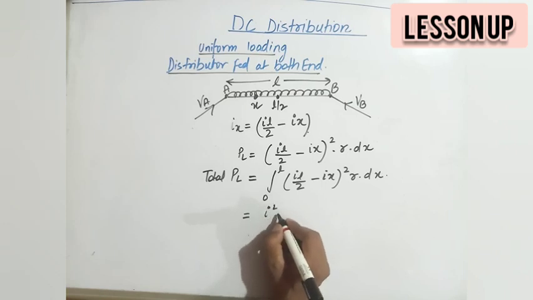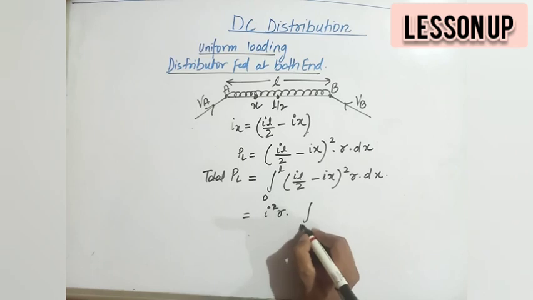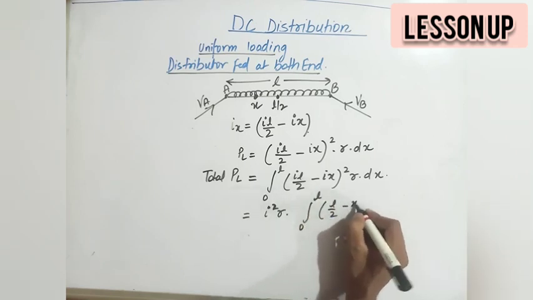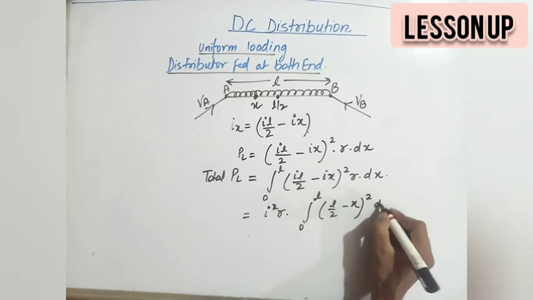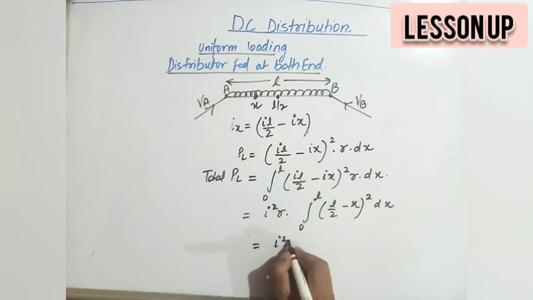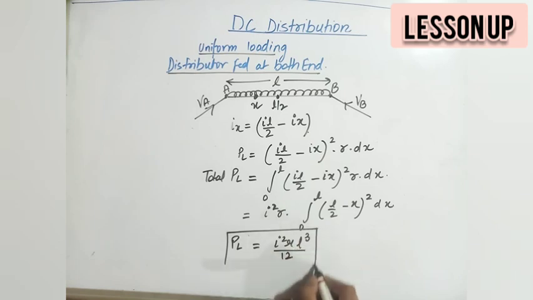So I square R is taken out, integration from 0 to L of L by 2 minus x, square, dx. We will get I square R L cube divided by 12. So this is the power loss we will get.